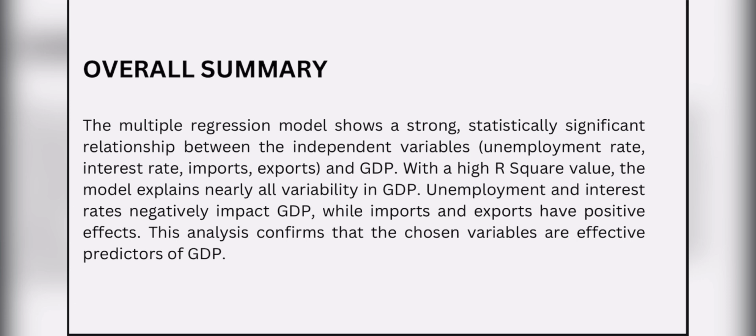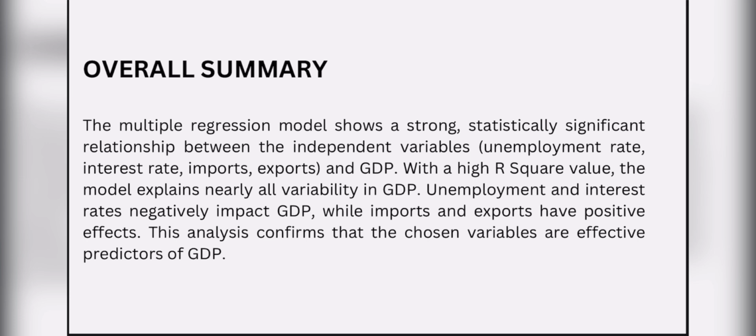With a high R square value, the model explains nearly all variability in GDP. Unemployment rate and interest rate negatively impact GDP, while imports and exports have positive effects. This analysis confirms that the chosen variables are effective predictors of GDP.